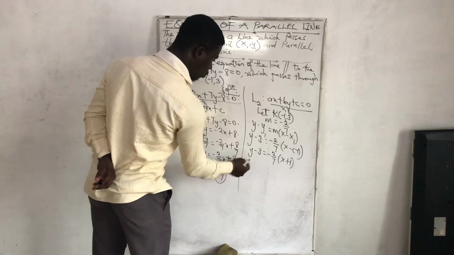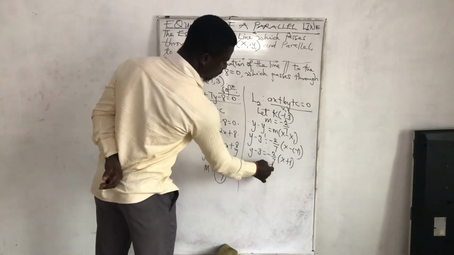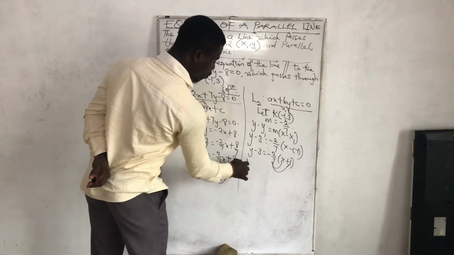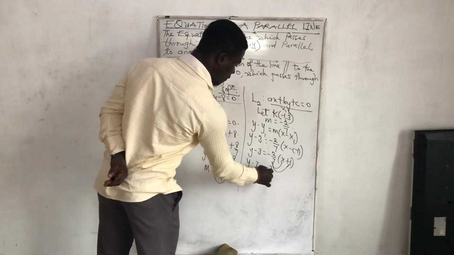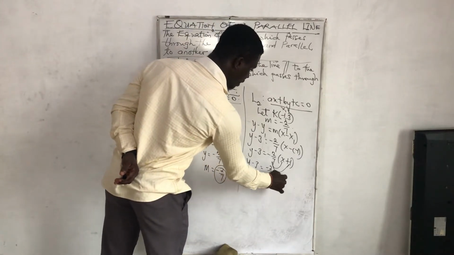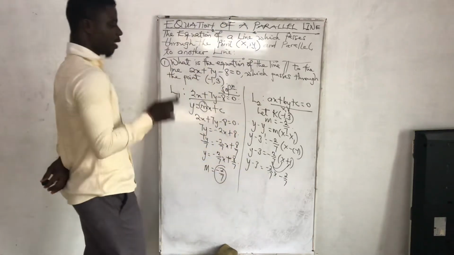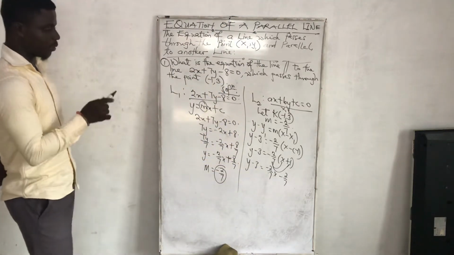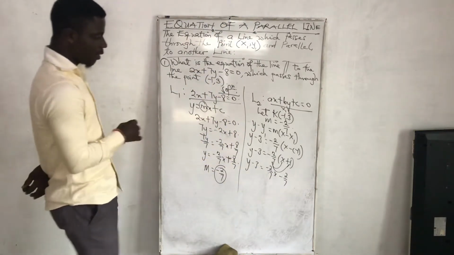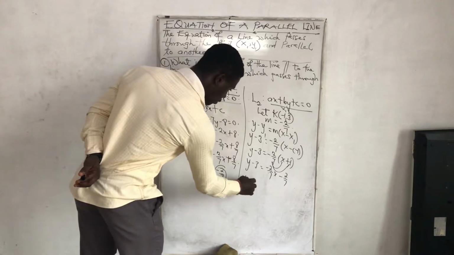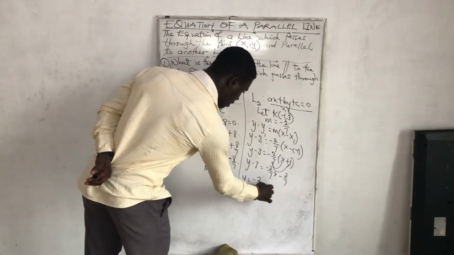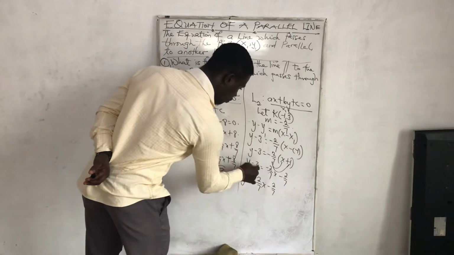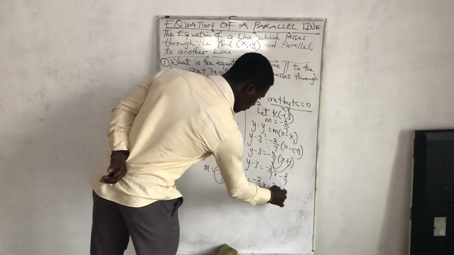So y minus 3 equals negative 2 on 7 x, then minus 2 on 7, because negative 2 on 7 times 1 gives negative 2 on 7. Then y equals negative 2 on 7 x minus 2 on 7. Moving minus 3 across, I get plus 3.